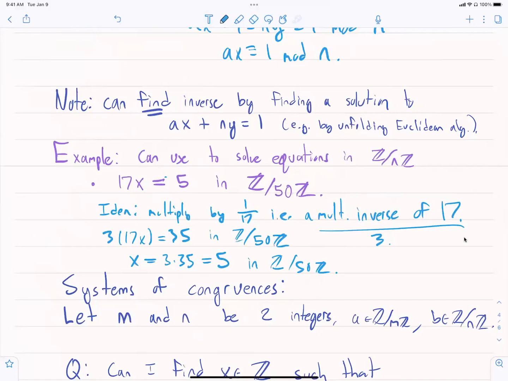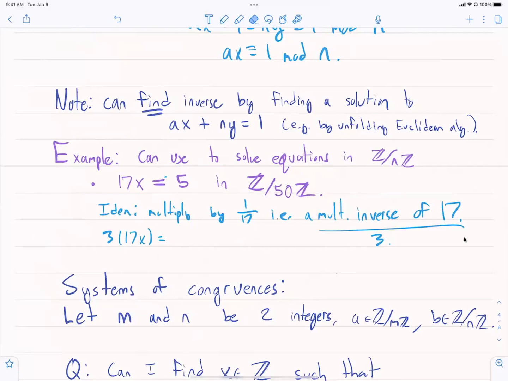And I can go back and check that. If I do 17 times, whoops. Okay, this is a good example of how you can do everything wrong. I did that wrong. So this is why you check your answers, right?